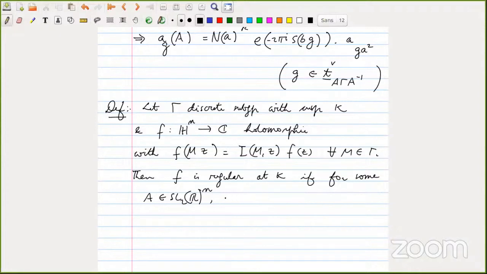For some A which takes the cusp kappa to infinity, f_A is regular at infinity.